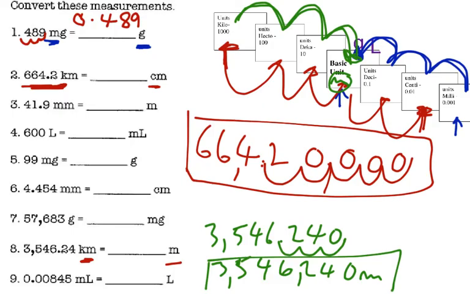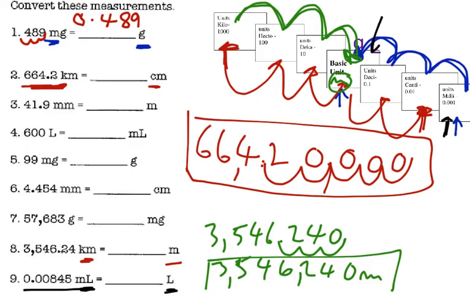Okay, alrighty. And last but not least, okay, we have this guy over here, number 9. And number 9, we're going from milliliters to liters. All right, so we're going from a smaller guy, which is milli, to liters right here, which is our base unit. And once again, that's 3 jumps. Now, once again, folks, if it's 2 jumps or 1 jump, don't matter.